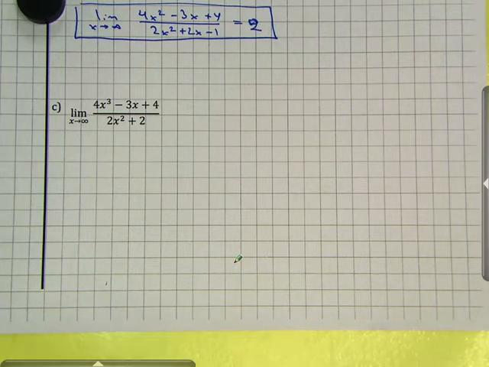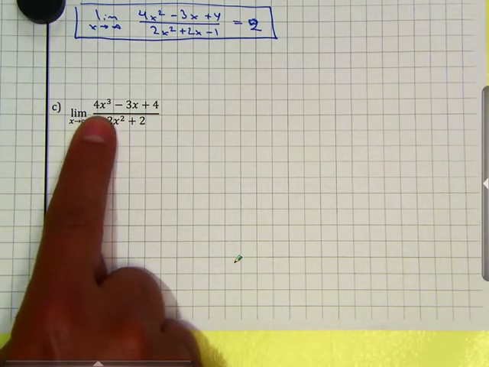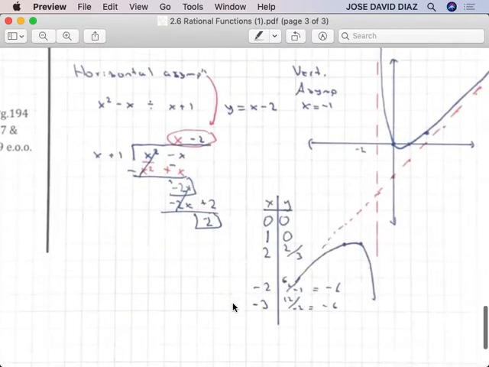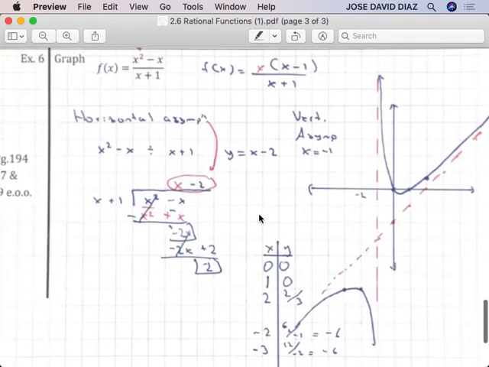Excellent. So, do you guys remember what happens when the degree of the polynomial is bigger than the numerator? Correct. We go through the long division or synthetic division, and it will be a slanted asymptote.